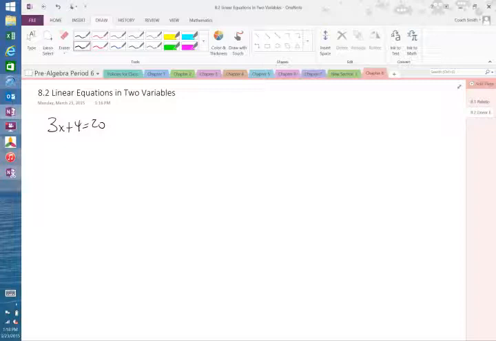Today, what we're going to talk about is linear equations in two variables. So, for example, if we had 2x + y = 10. So this is a linear equation with one variable.